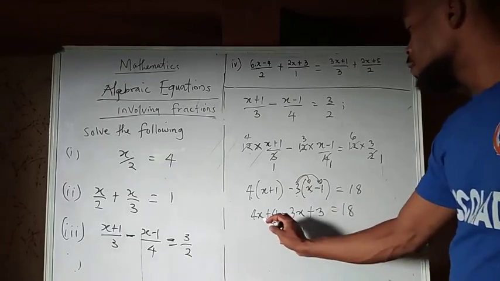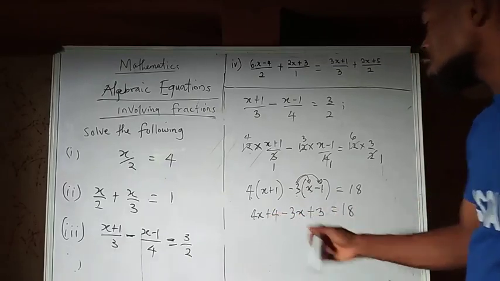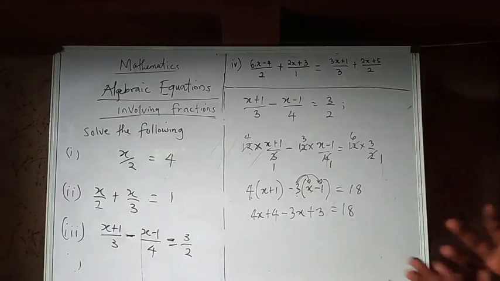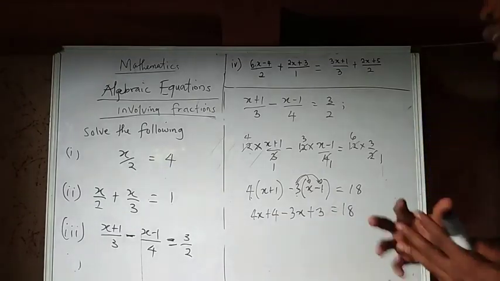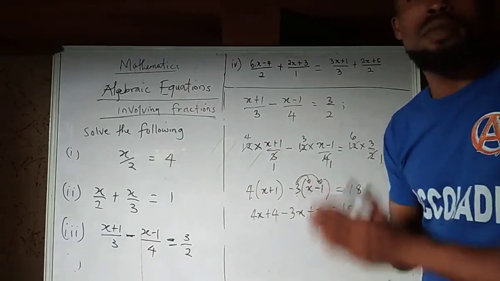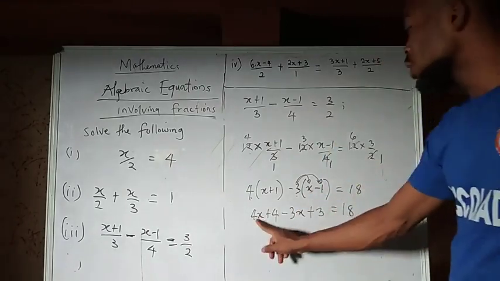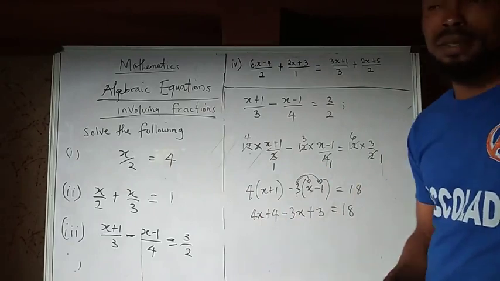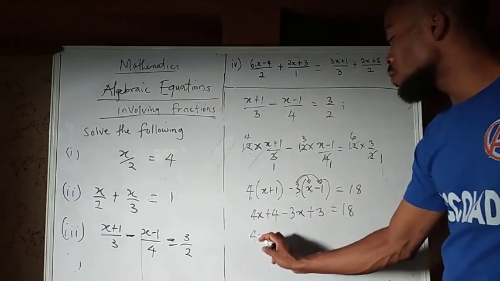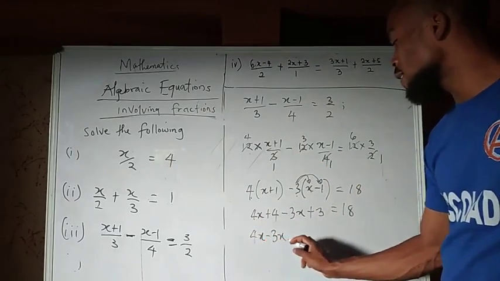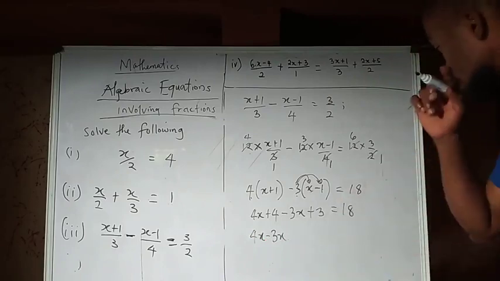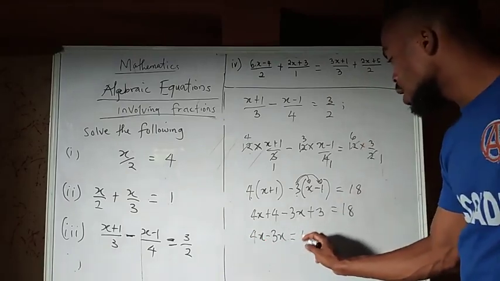Alright, at this point we are going to make sure the variable terms are on one side, and the constant terms are on the other side. Variable terms are these terms with the x. So this is going to become 4x minus 3x equals 18.